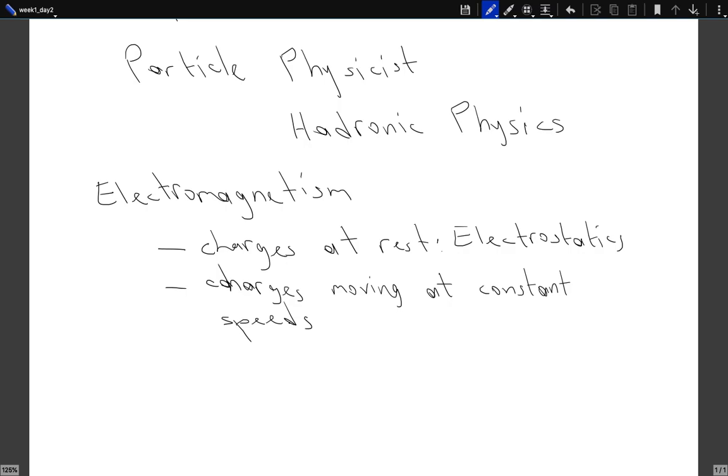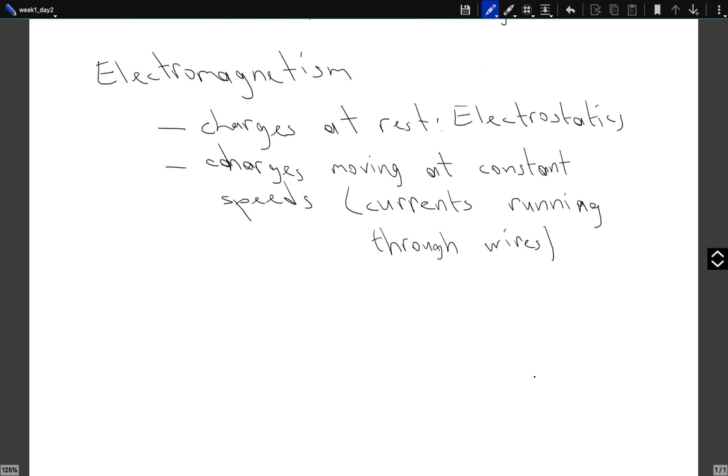Well, we won't be studying all the possible charges moving at constant speed, but what we will be studying is currents running through wires. We will see that such currents create another force, what we call the magnetic force, and the study is called magnetostatics.